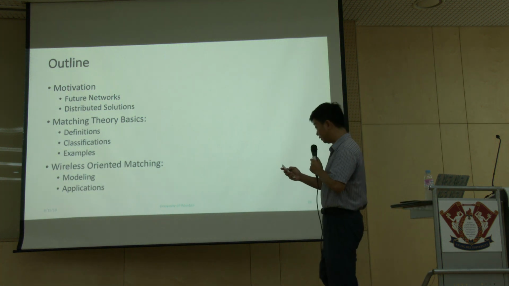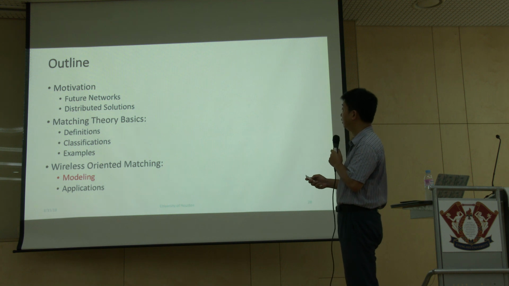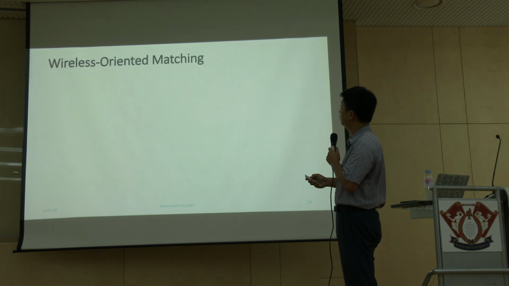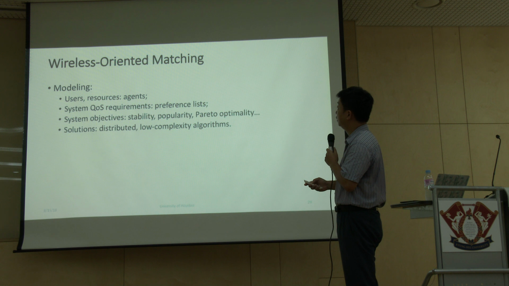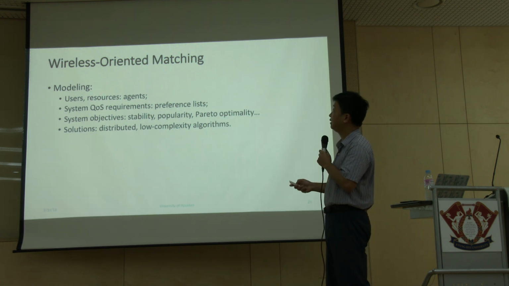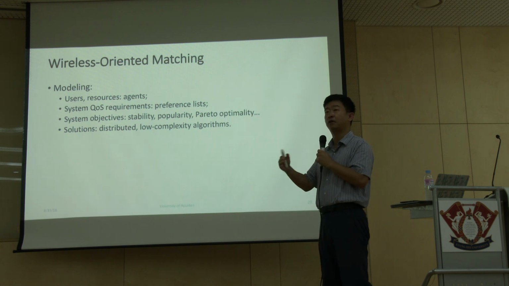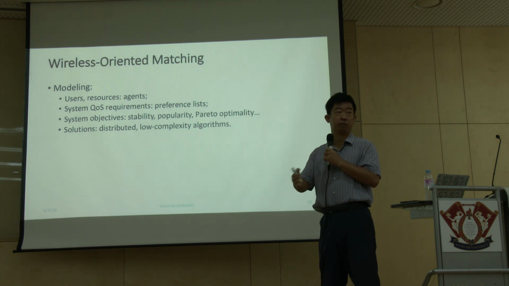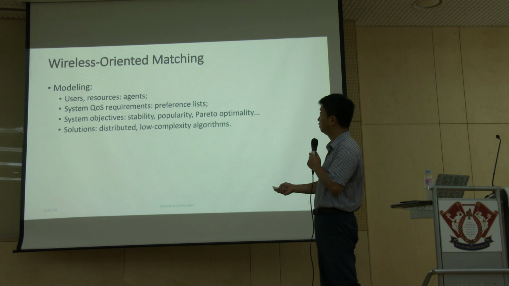For the application, we want to have the users and the resources as agents. Obviously the users have the preference list. The resources may or may not have the preference list, depending.